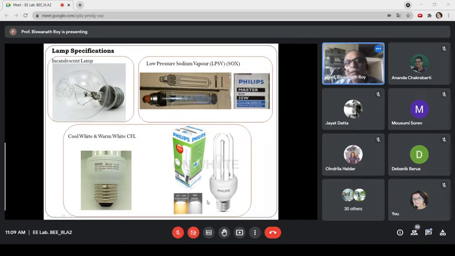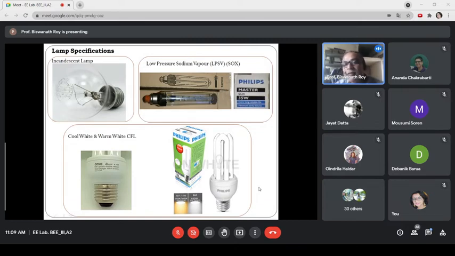In some cases this cover actually carries the information of CCT 2700 Kelvin or 6500 Kelvin, right? In most cases, most of the retailers in your place are actually selling light bulbs of white light of 6500 Kelvin.